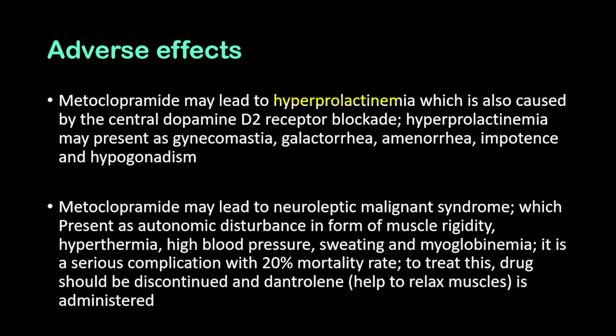hyperprolactinemia, and this is caused by the central dopamine D2 receptor blockade, because remember, the prolactin and the dopamine have an inverse relationship. So if we have lower dopamine levels in the brain, we have higher prolactin levels. And if we have higher dopamine levels, we have lower prolactin levels.